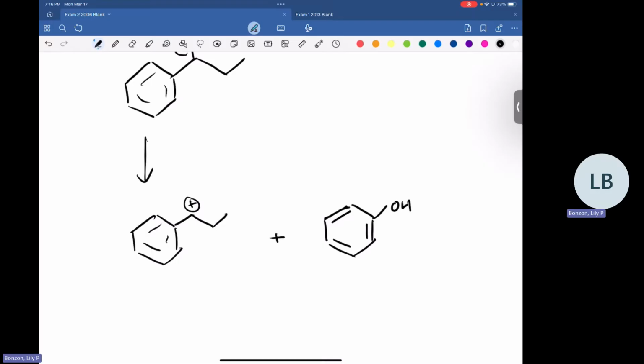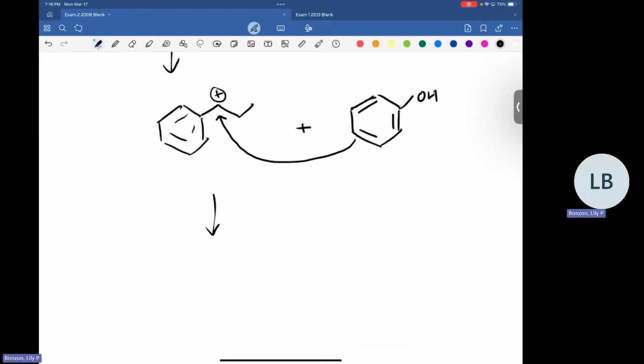So I'm going to have this double bond attack that carbocation and attach to that group. So we're going to draw attach here. So we will have our benzene. So we have our phenol. All right, so now we've attached that group.